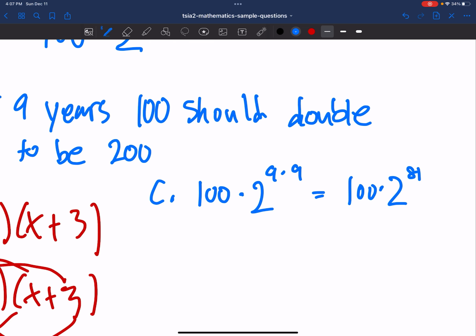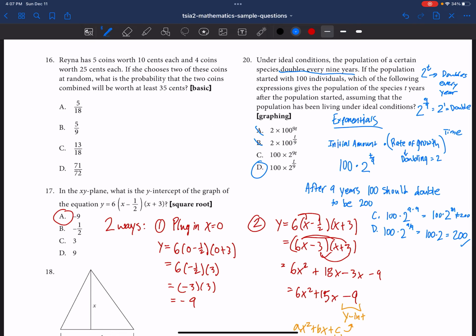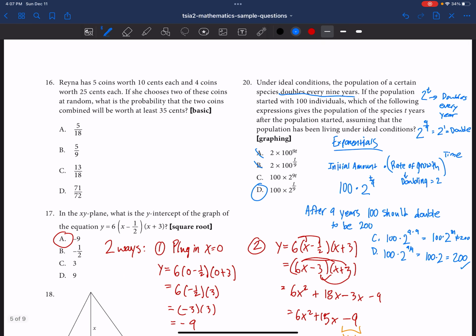Whoa, that is not 200. But if you answer choice D, 100 times 2 to the 9 divided by 9, that's 100 times 2, which is 200. Hopefully that explanation does a little bit more service for answering this question. Okay, I hope that helps.